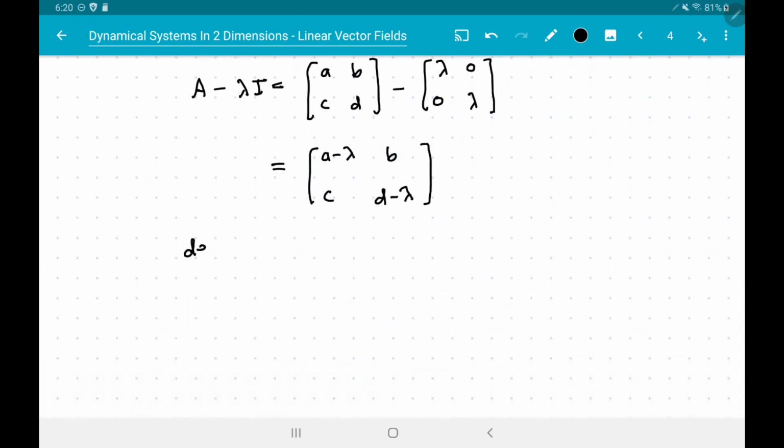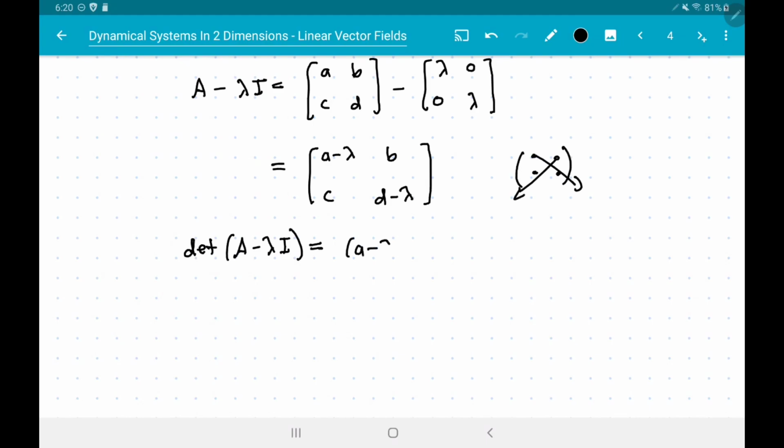The determinant of a 2 by 2 matrix is easy to do. Remember that the determinant of a 2 by 2 matrix is that you multiply there and add, and multiply there and subtract.